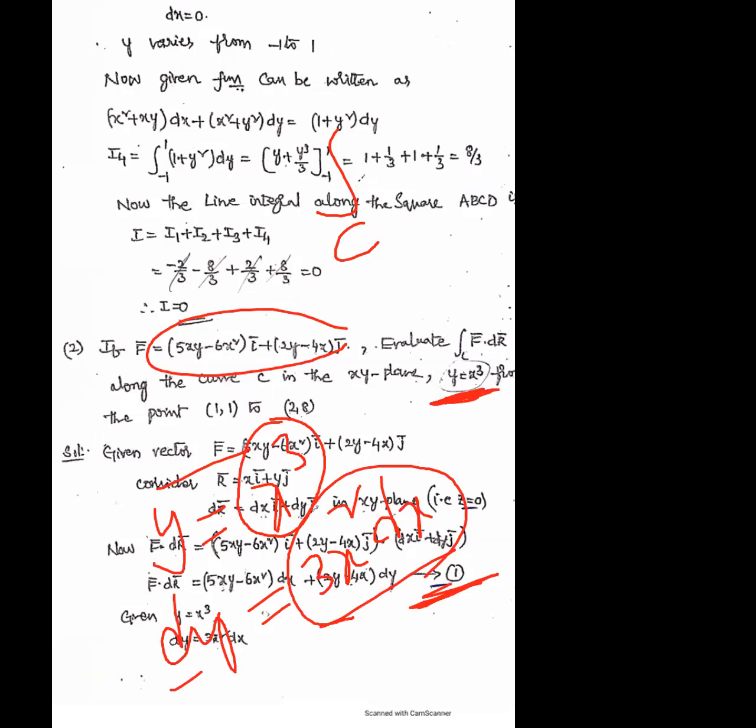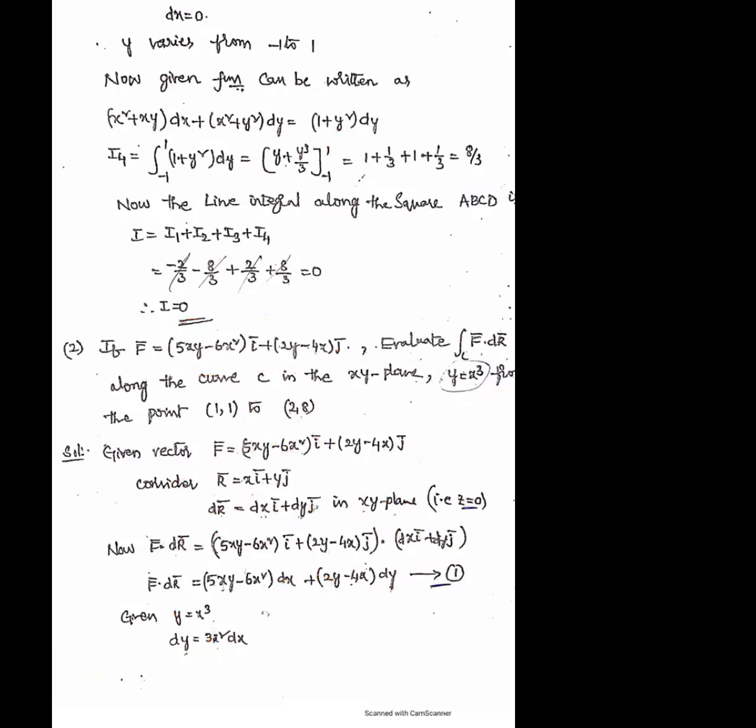So what about limits? The total problem is converted into x variables, so I take the limits also in x. Given the two points, the first point (1, 1) is named A, and the second point is named B. Observe that the total problem is converted to x.